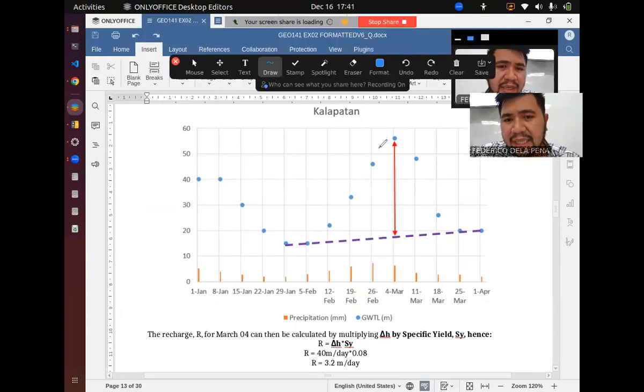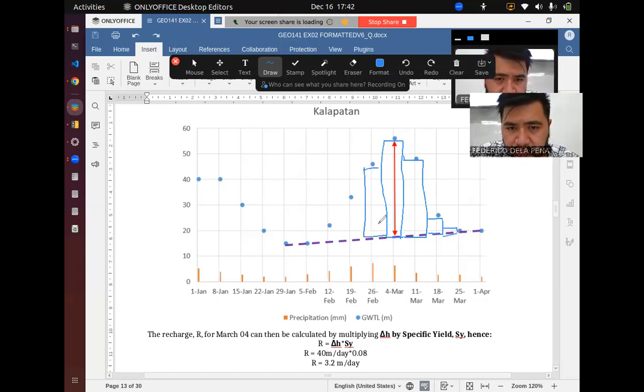Since medyo limited yung data natin, you can just imagine or represent these by like bars, no? Parang bins na sila. Okay, parang isa-subdivide mo na lang sila into 7-day windows. Okay? Okay, so parang ganyan siya.